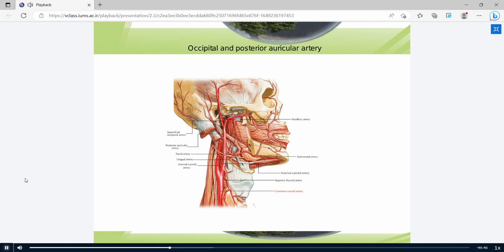But the maxillary artery passes posterior to the ramus of the mandible into the infratemporal fossa, and it has several branches. In the next session, I will explain the branches of the superficial temporal and maxillary arteries.